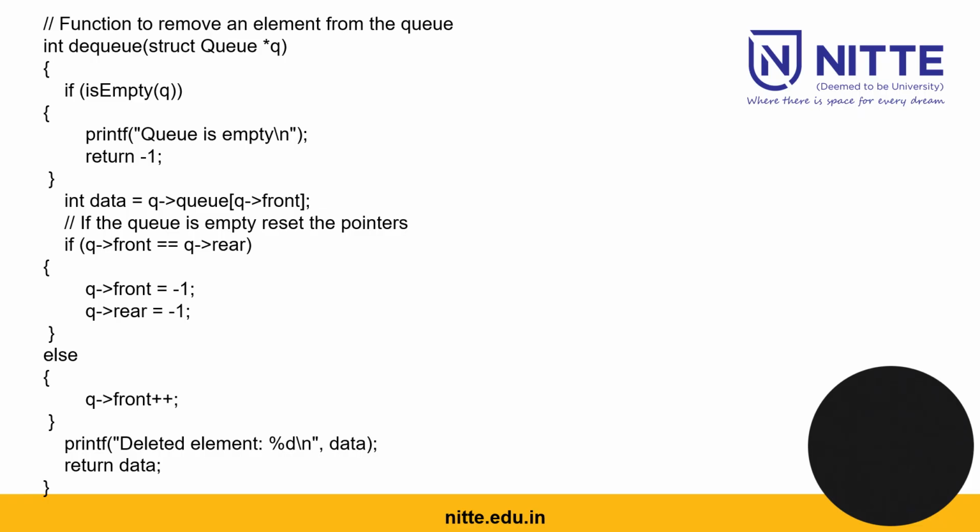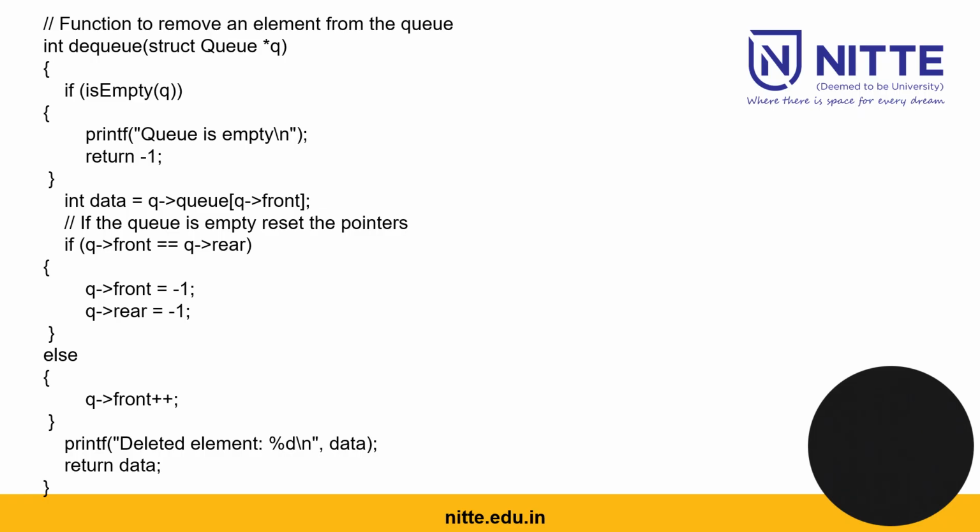And if the queue becomes empty, reset the pointers as q->front equals q->rear. That means q->front = -1 and q->rear is also -1. Else, it will do q->front++, it will increment the front, and the element will be deleted from the front side.